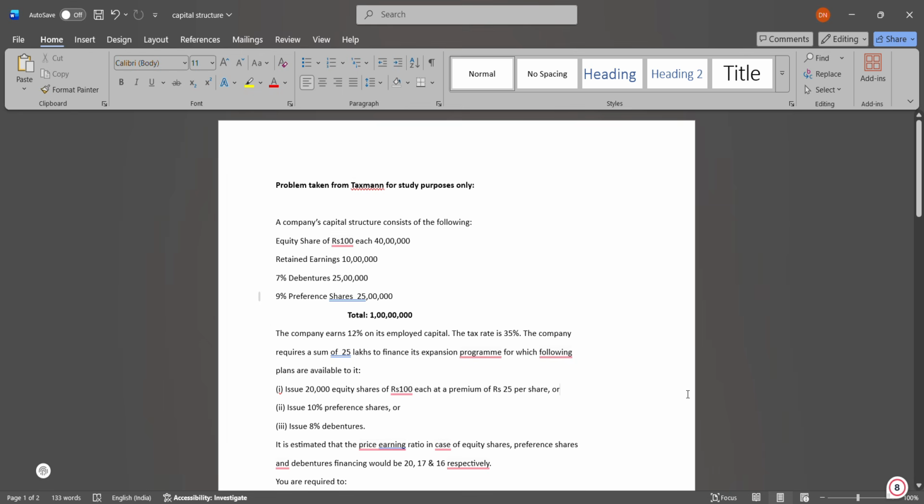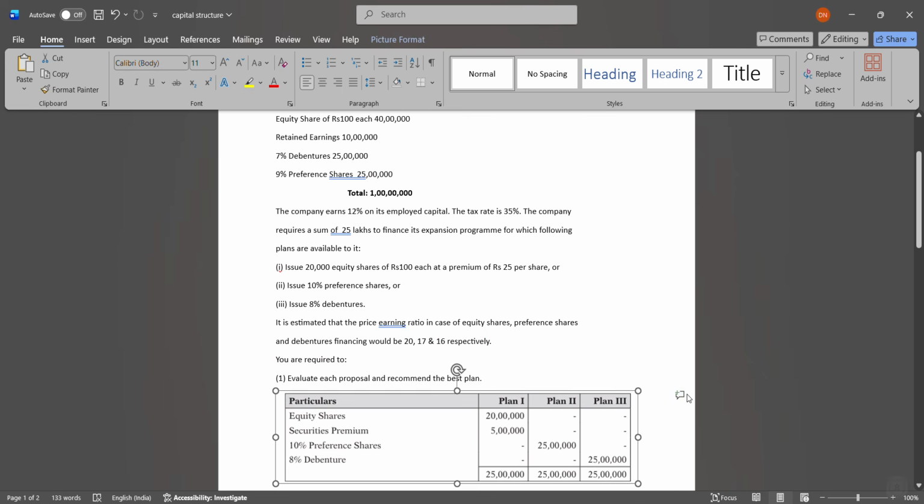Now, let us understand the whole problem and then see how to solve it. The company earns 12% of its capital employed. The total capital employed is 1 crore, so 12% of 1 crore becomes 12 lakh rupees.